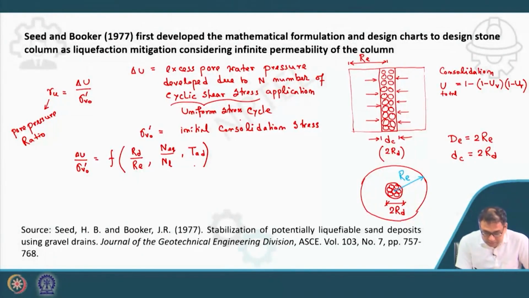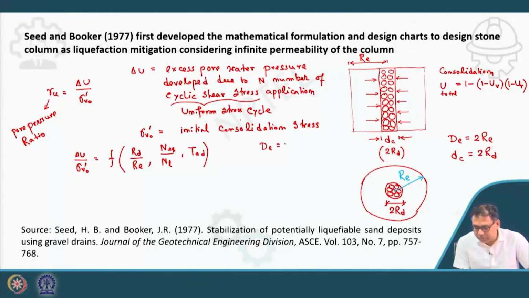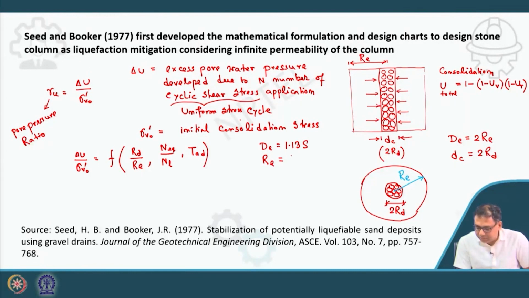So it is a function of RD by RE, obviously, because this RD is a function of S, because RD is basically the DE. You know that for a square grid, D is equal to 1.13 S, where S is the spacing. So RE will be 1.13 divided by 2 times S, okay.